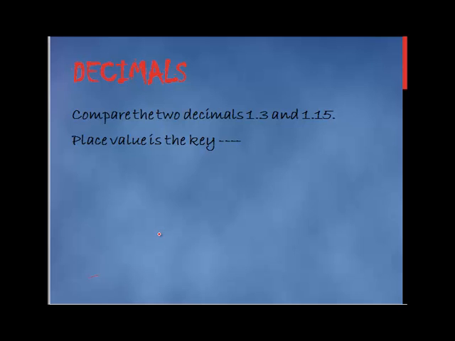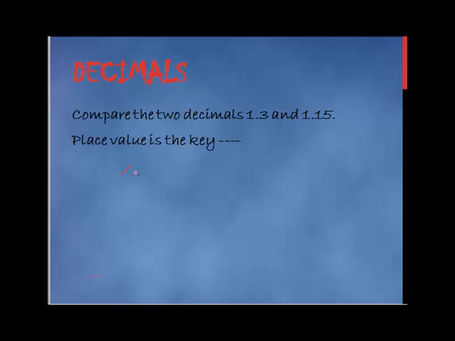And we see that 1.3 is 3/10 and 1.15 is 15/100. So in order for us to do that, we must annex zeros, which means to add zeros to our decimal so they can be both place values.